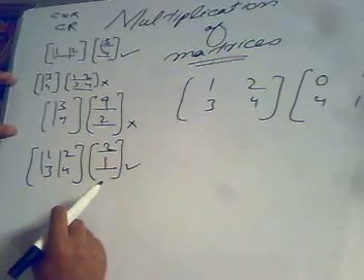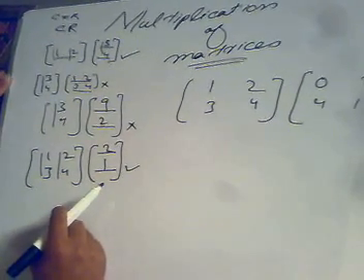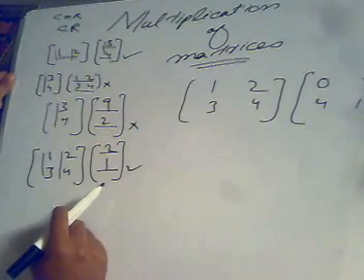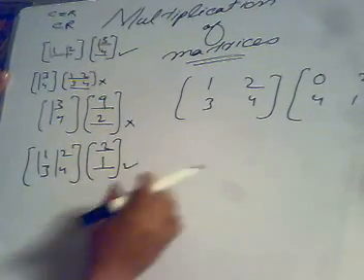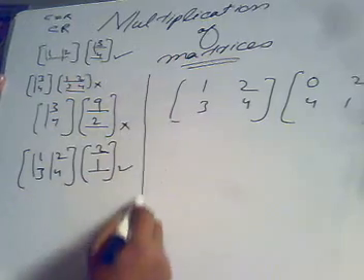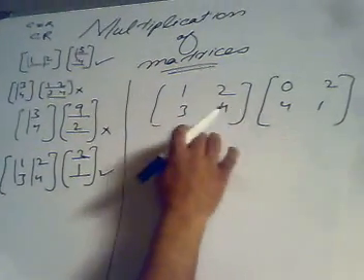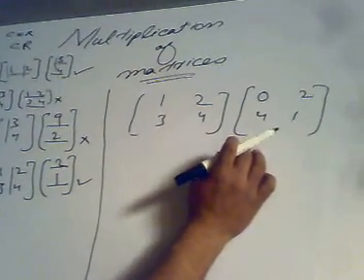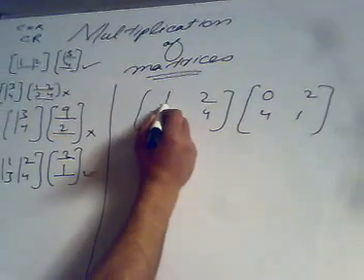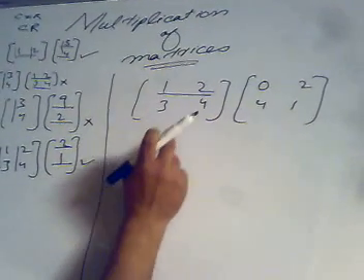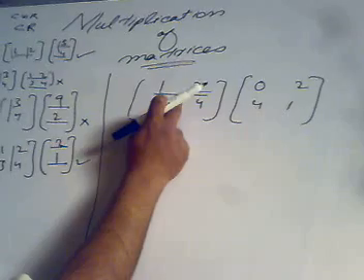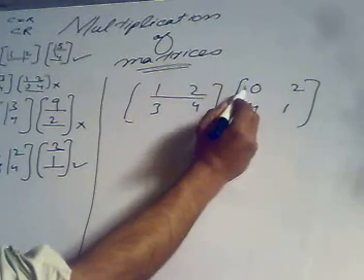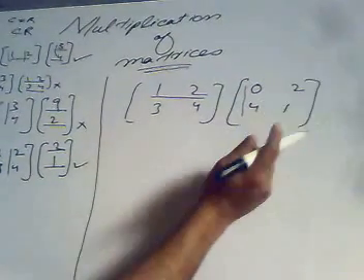Now we know how we can judge whether matrices are conformable for addition or multiplication. And here we will learn how to multiply these matrices. Suppose this is the first row, and we will multiply this first row with the first column, then the second column, and so on.